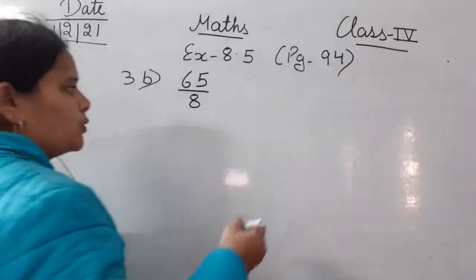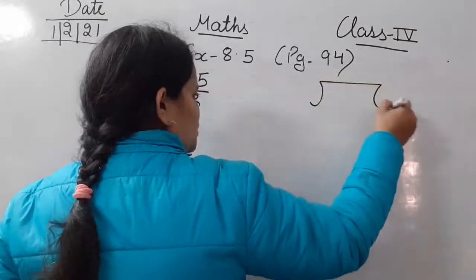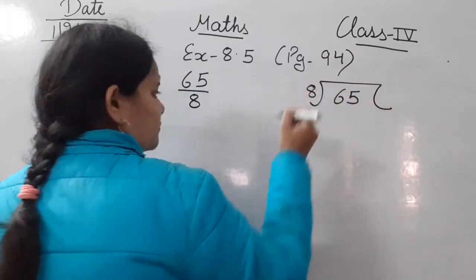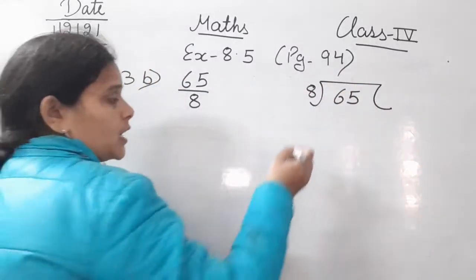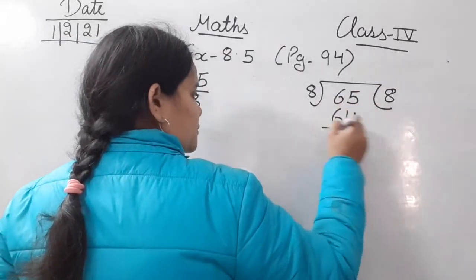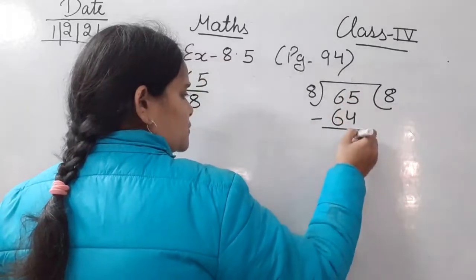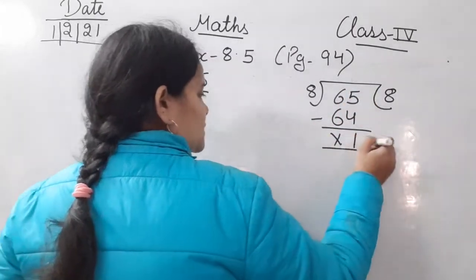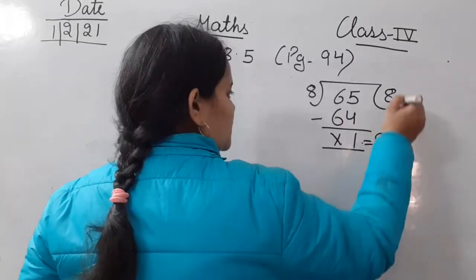For this we are going to do the division, that is 65 divided by 8. 8 8s are 64. 65 minus 64, 5 minus 4, 1. Nothing will be left here. So the remainder is 1.